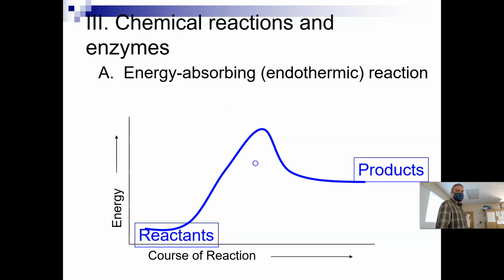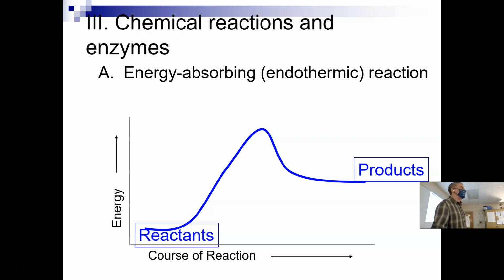Reactants, products, before you start drawing, take a look. You notice how it goes higher and then falls down? That's interesting. What that tells you is that to get this chemical reaction to happen, you actually have to put in more energy than the amount of energy that's stored to get it to go to completion.